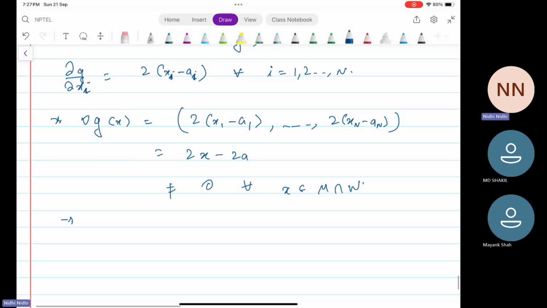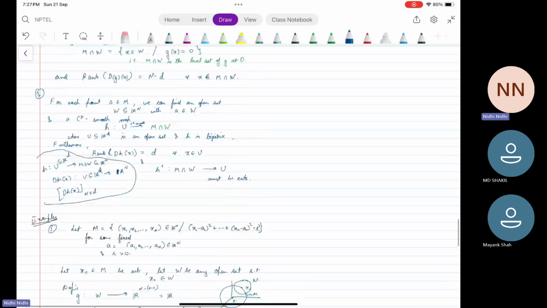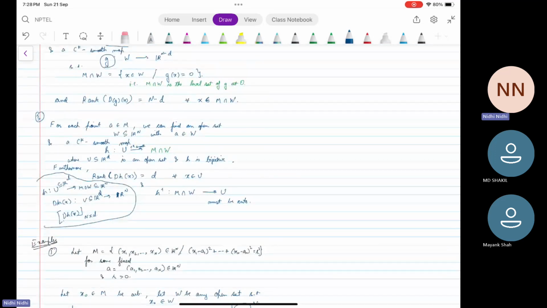This implies the rank of dg_x is equal to 1, which is equal to n minus 1. That's what we want. Our rank of dg should be n minus d.